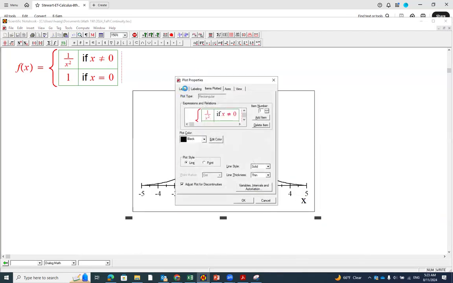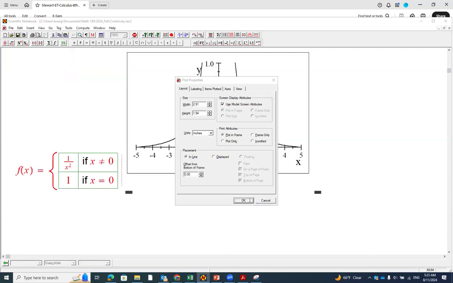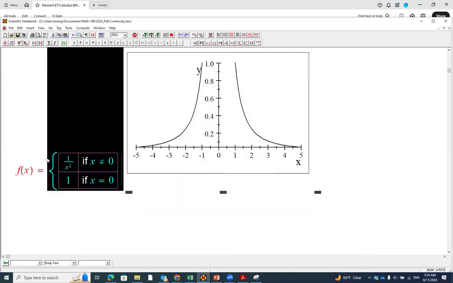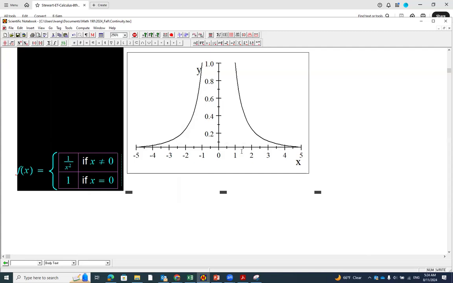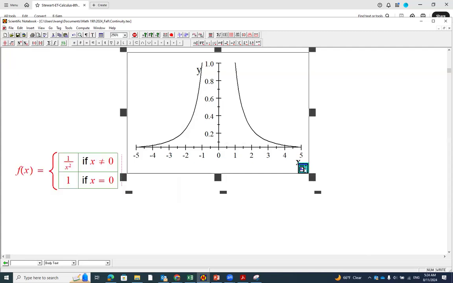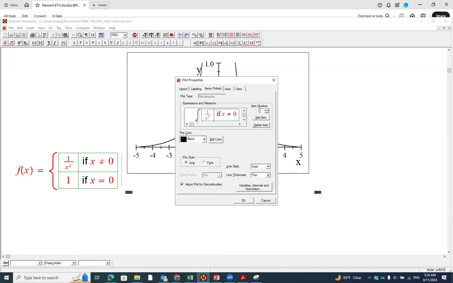And f of 0 equals 1, so I'm going to add that point to define the point. And I want you to think of, is it a removable discontinuity?